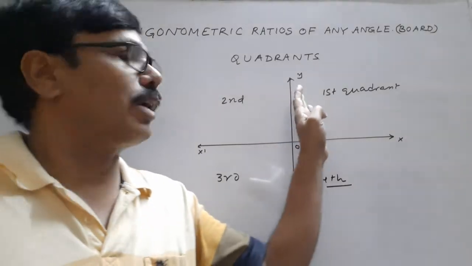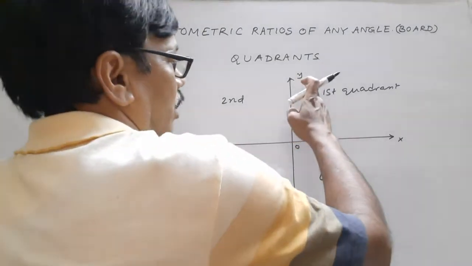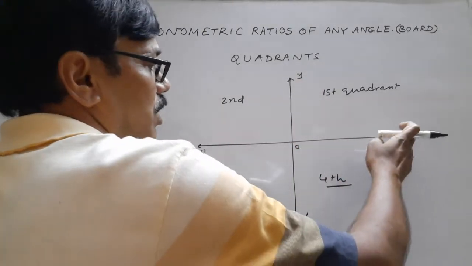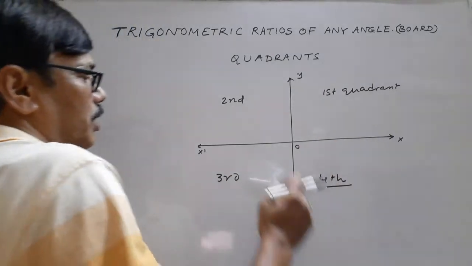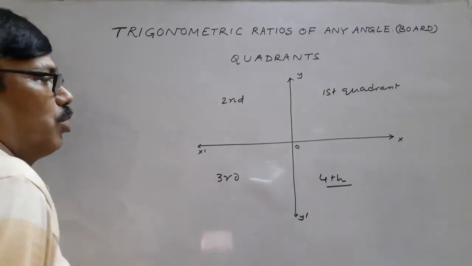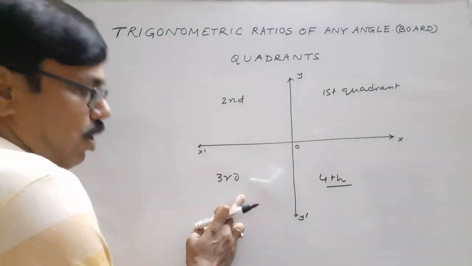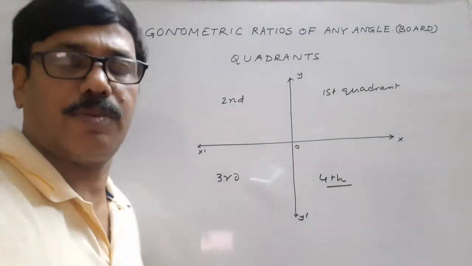In coordinate geometry, in the first quadrant x is positive, y positive. Here, in x dash, x is negative, y positive. Here x positive, y negative.